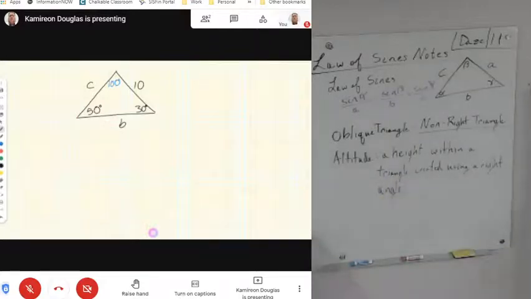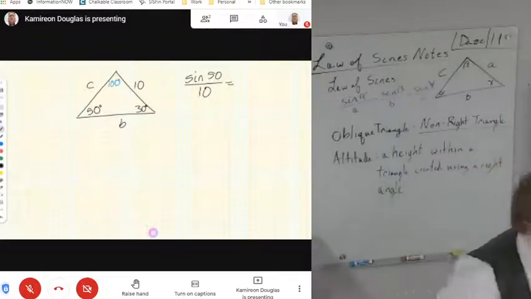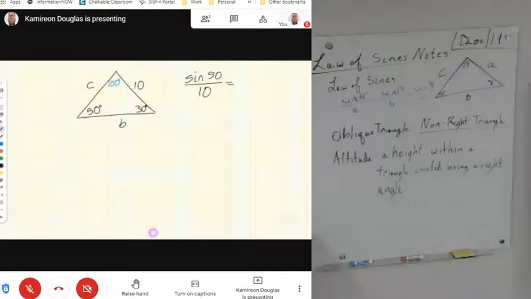According to the law of sine, sine of 50 would go with the 10. Remember, it's always opposites that go together. So the 50 and the 10 are opposites of each other. They go in the same part of the law of sines. The 30 and the C go together. The 100, which Levi found, and the B go together.